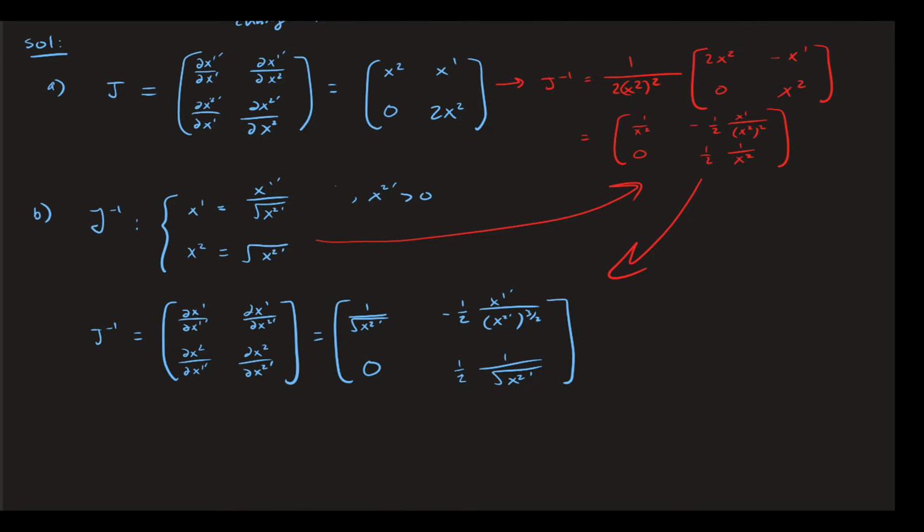We'll call this thing J prime, the Jacobian of the primed coordinate system, which equals the inverse Jacobian. Good stuff. Questions?